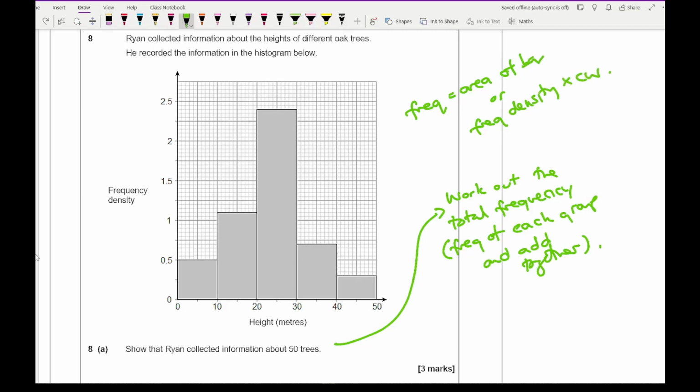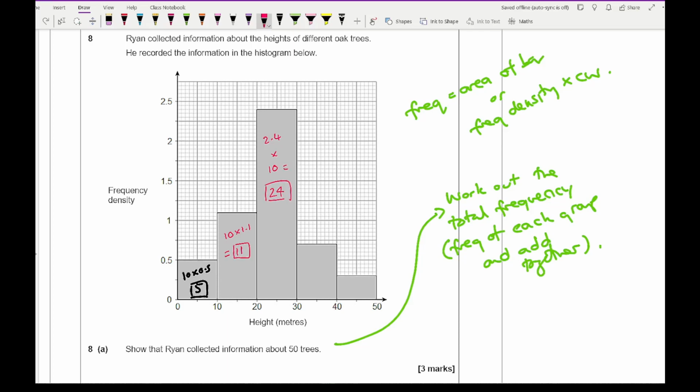So working out the area of this bar here, we'll just get a thinner pen. This one here is going to be 10 times 0.5, which is 5. Then this block here is going to be 10 times 1.1, which equals 11. This one here is going to be 2.4, multiplied by 10, which is 24.